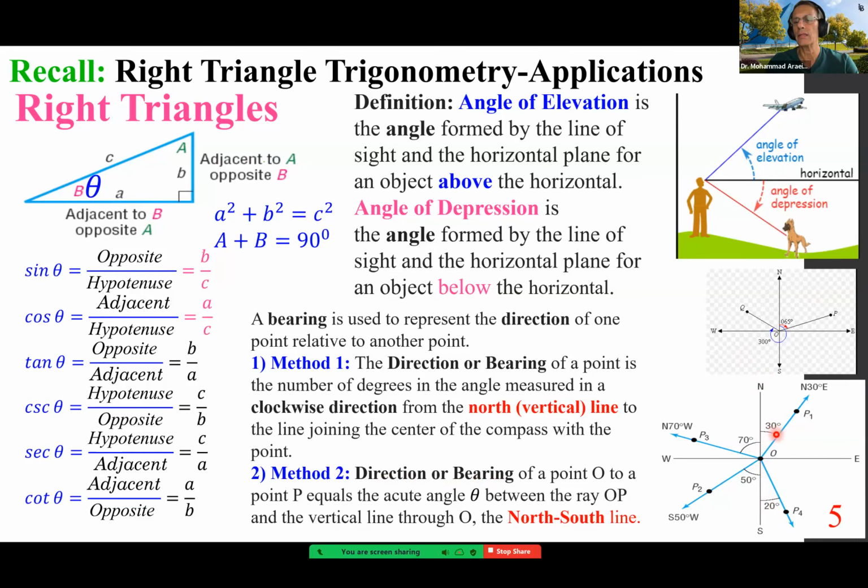If you look at P sub 3, it's north 70 degrees west. P sub 4, you start with south because this is the smallest angle, closest to the south. So south 20 degrees east, and this is to the right of it again. Whereas this one, again, you start with south 50 degrees west. So those are the bearings we've seen.